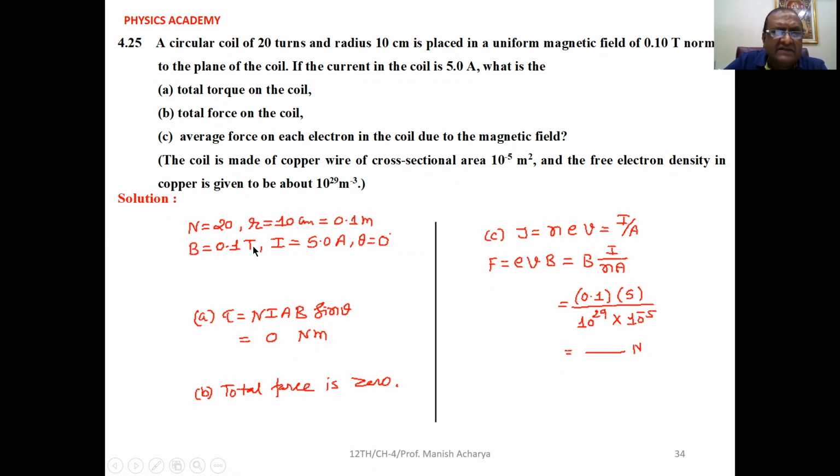And area is given to you here by pi r square. Sorry, area is given to you here directly as 10 raised to minus 5. So substitute the values and you will get the answer.